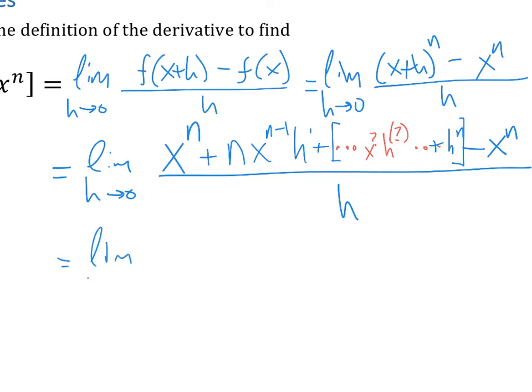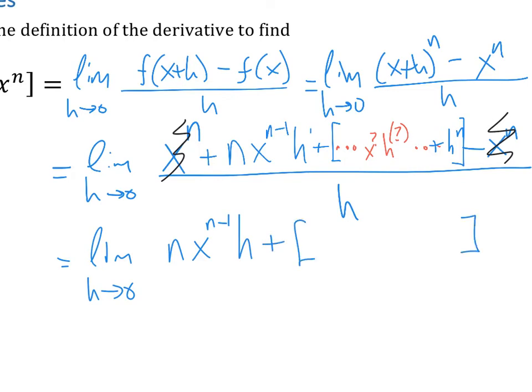So here's what we have. The limit as h goes to 0. Well, these all cancel out here, right? x to the n cancels out with a minus x to the n. And that leaves us with nx to the n minus 1 times h plus all of this junk that has an h to the question mark that is of order 2 or greater, divided by h.